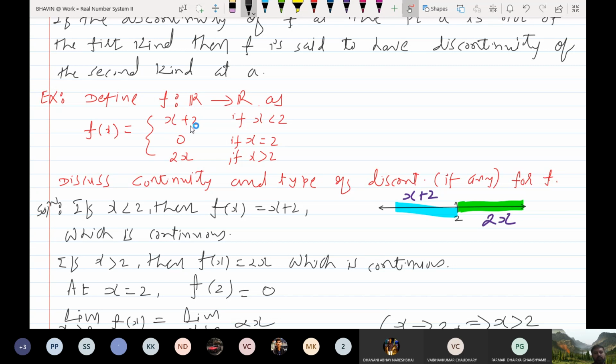So what is the angle? 90? No. What is the slope of this line? One. If you compare this line with mx plus c, and m is 1 and c is 2, so the slope of this line is 1.